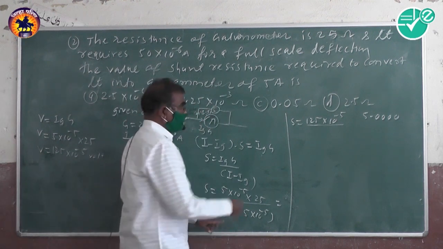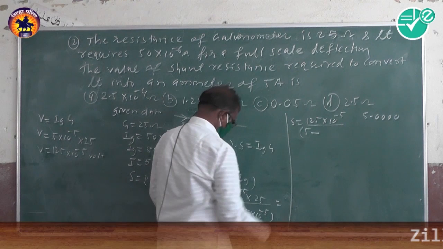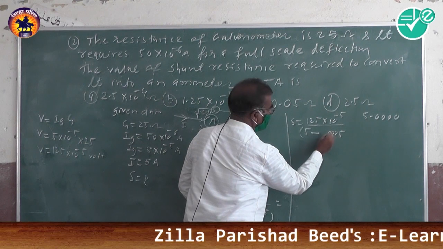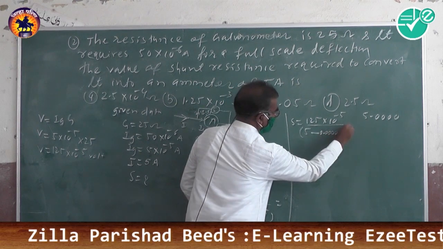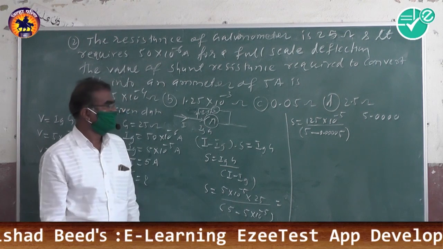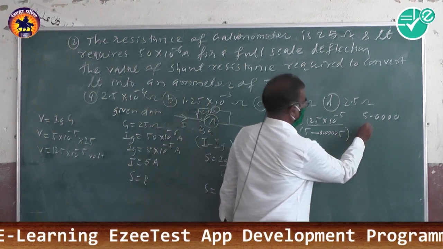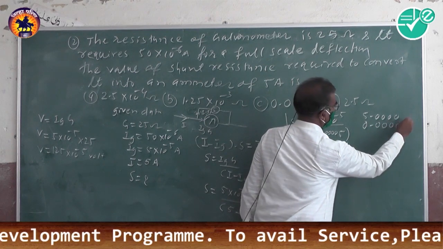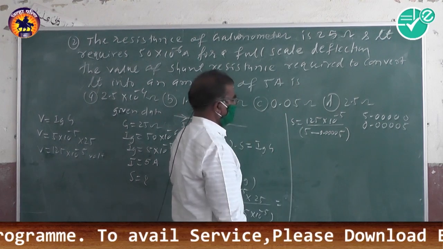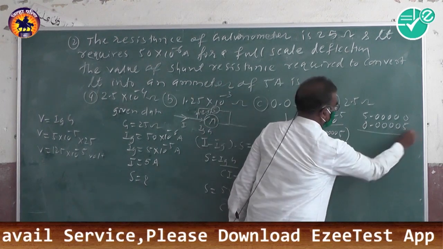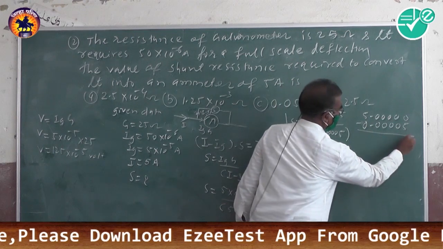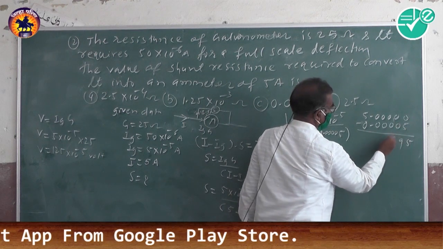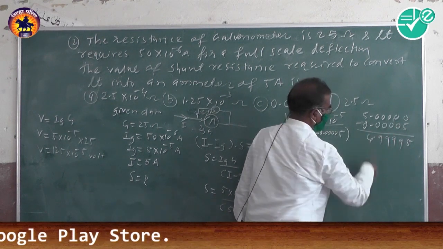Subtracting, 5 minus 0.00005 gives 4.99995.